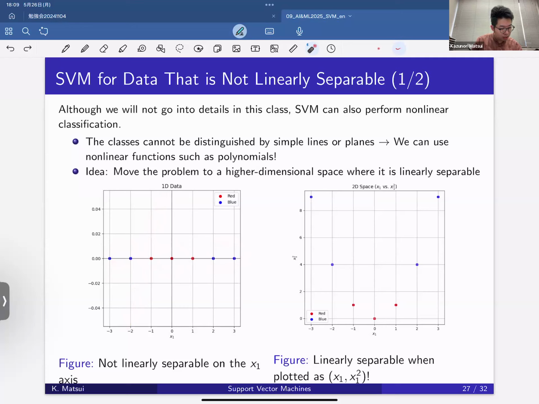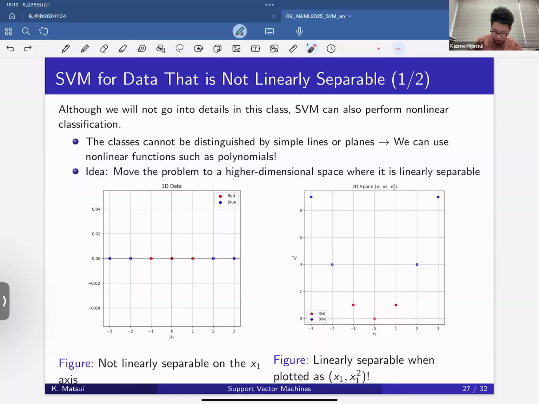Initially, suppose we have one dimensional data with red in the center and blue on both sides. Then this is not linearly separable. But if we plot the data with respect to x and x squared, when x equals 0, this point corresponds to (0, 0).